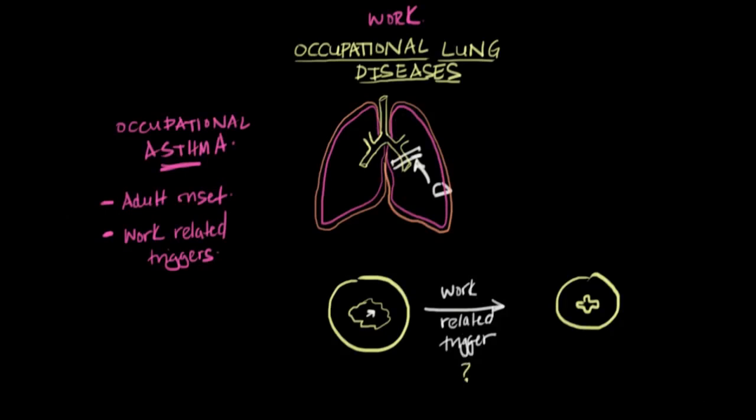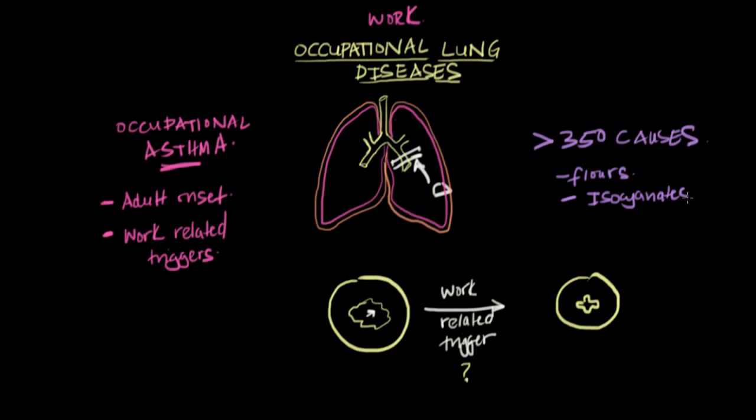So what's left to explore is what these work-related triggers are. There have actually been greater than 350 described causes of occupational asthma. At least in the United States, one of the most common causes is different types of flour, so bakers are at increased risk, and also different types of isocyanates.